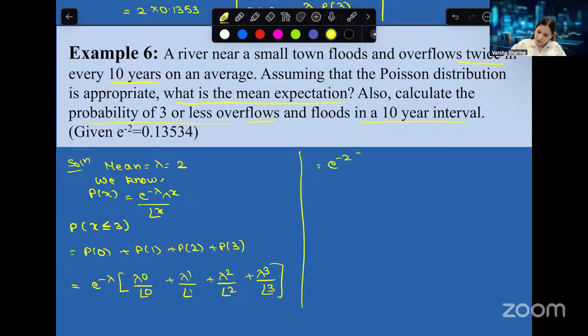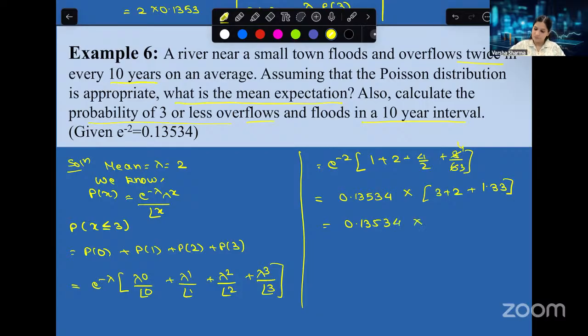Putting the values, e power minus 2, 0.13534, into, let's keep this 4 by 3, 19 by 3. Final answer 0.855.